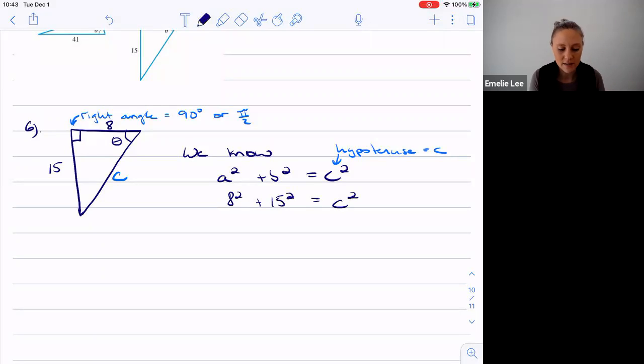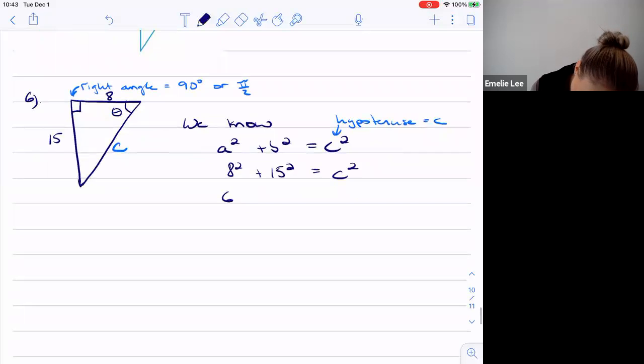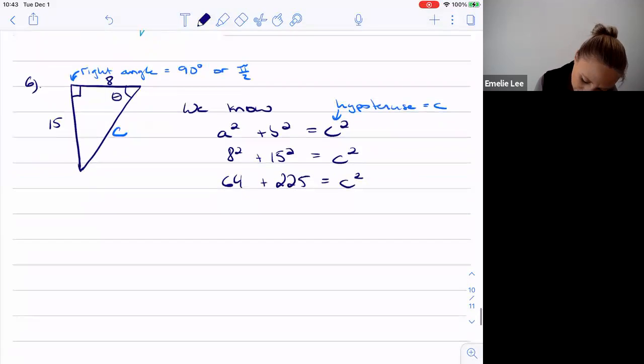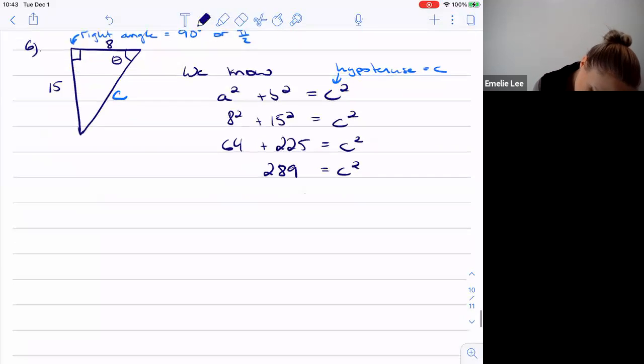8 squared is 64. 15 squared is 225. So 225 plus 64 is 289, which is c squared. So c is the square root of 289.